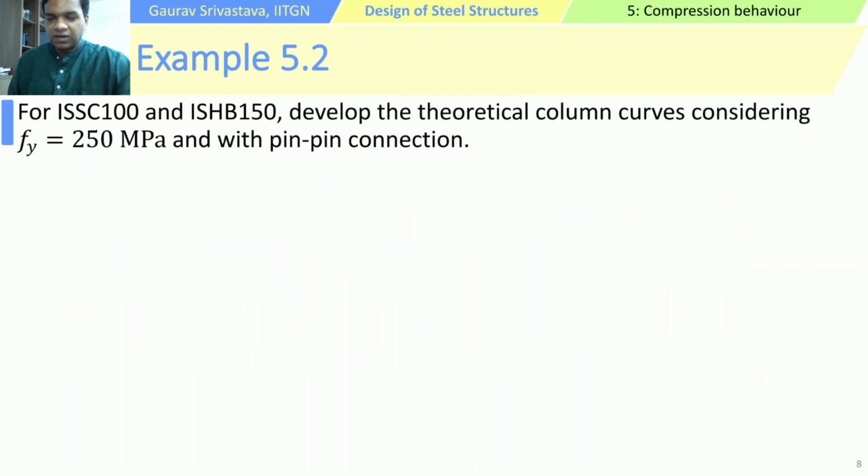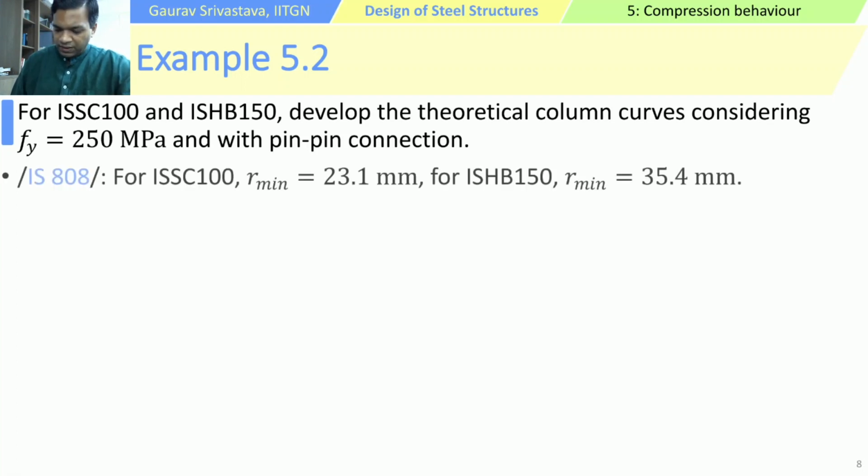So let's look at another example where we try to develop the theoretical column curve. This notion of drawing a curve between failure stress normalized by yield stress and the generalized slenderness gives the so-called theoretical column curves, because they give the strength of the column.